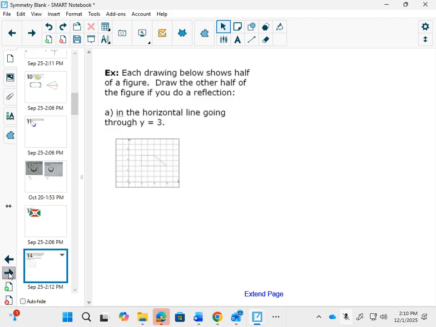Okay. For each drawing, I think these are our last examples. I had my loose package here. What I'd like you to do is we are going to learn how to write equations of horizontal and vertical lines. So we want a horizontal line going through y equals 3. So on your graph, I'm going to make a little mark.